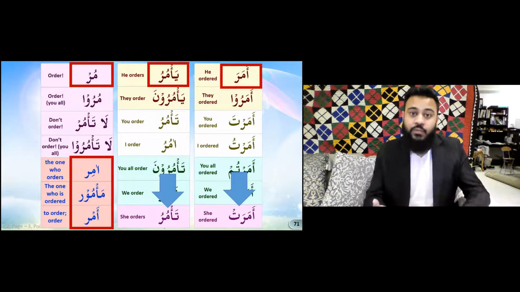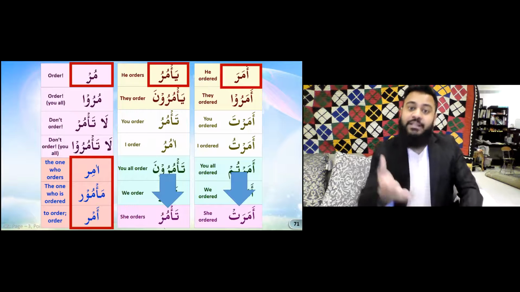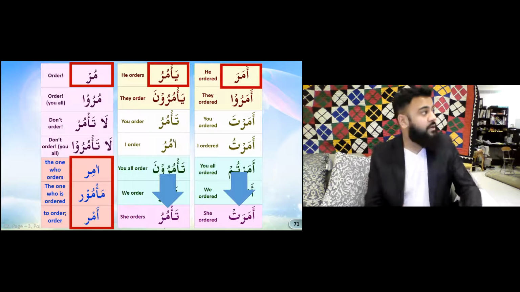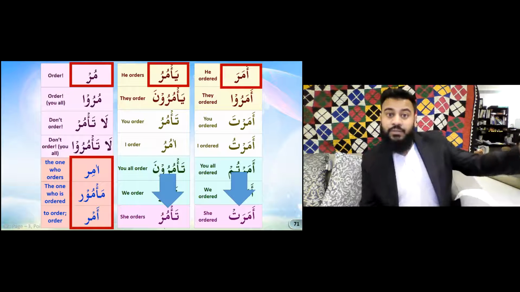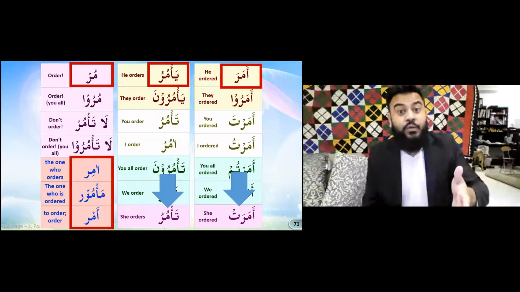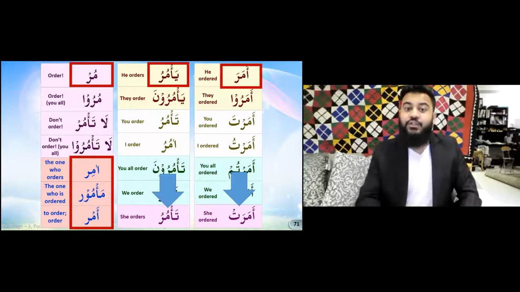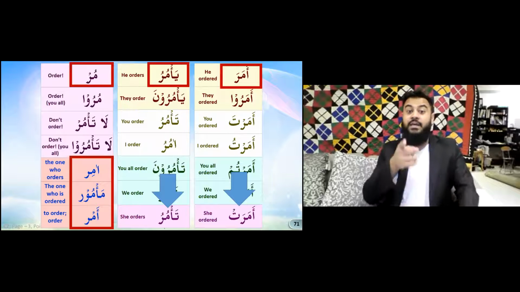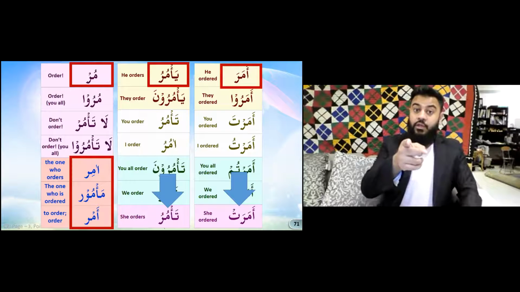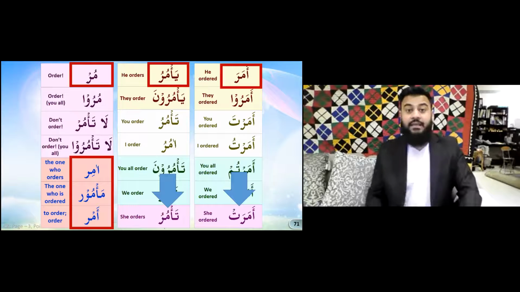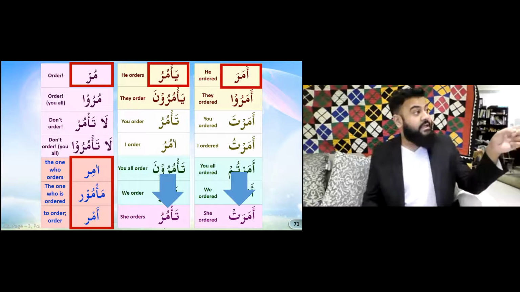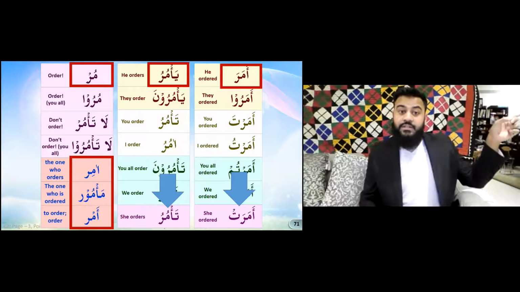If I'm talking to you, you will know that I'm talking about you and saying you are doing this. But if we're talking about someone else there, you would know that we're talking about her. So you already know this word. SubhanAllah, you have to learn nothing new. As you're doing your practice and you say, ta'muru, you order, you will know that if we're talking about a female somewhere else, we'll be saying ta'muru, she orders. Alhamdulillah.